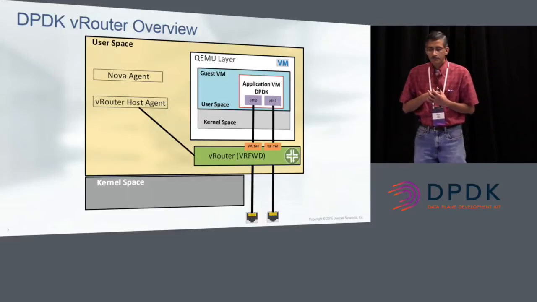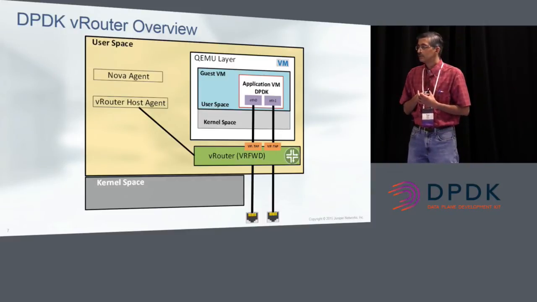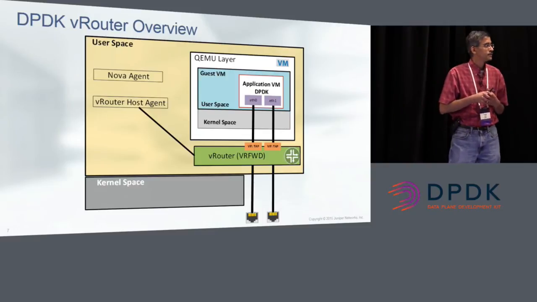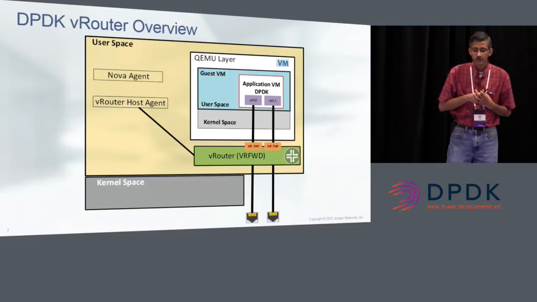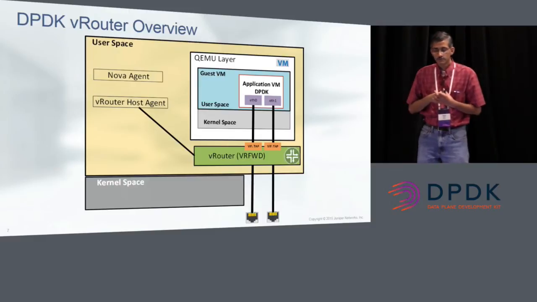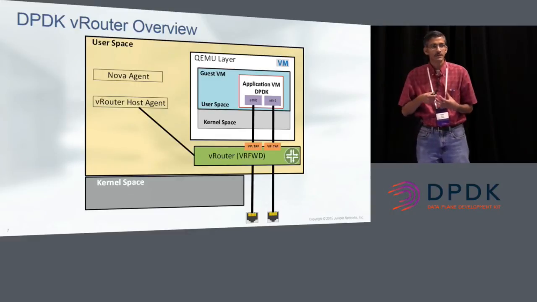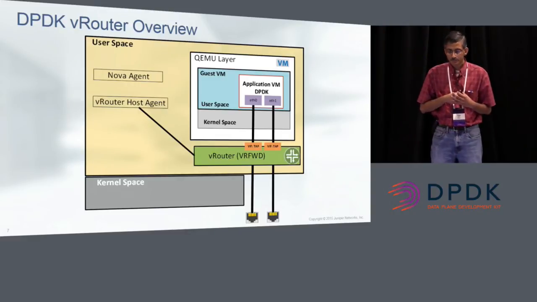But we no longer have tap interfaces because vRouter integrates with the VM using the vhost user functionality that was introduced in QEMU not too long ago. So the entire memory of the virtual machine is mapped into the address space of the vRouter process, and vRouter can copy packets back and forth between its address space and the VM.